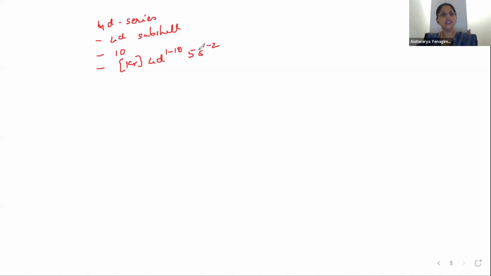This is for the 4d series. The 10 elements start from yttrium with atomic number 39 and end with cadmium with atomic number 48.